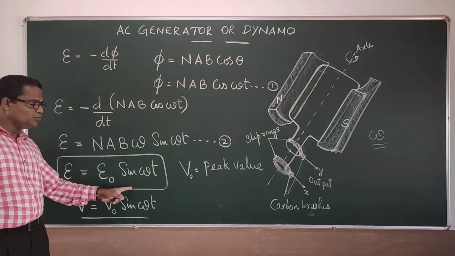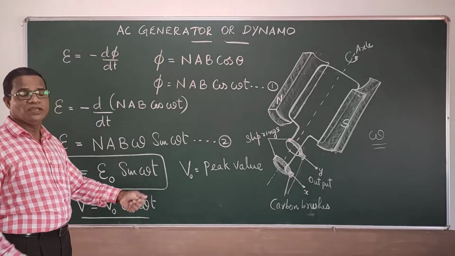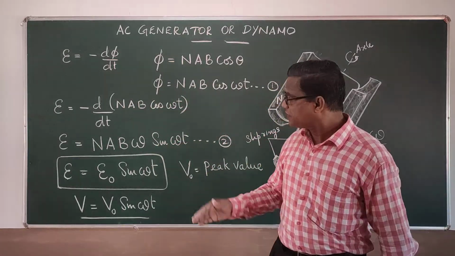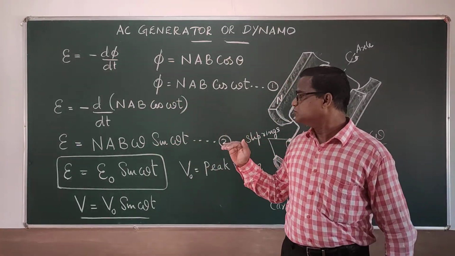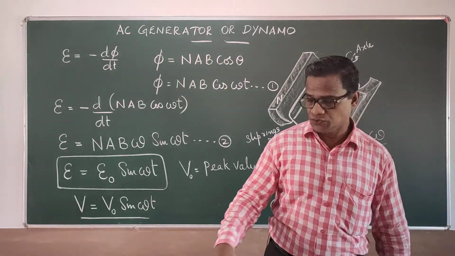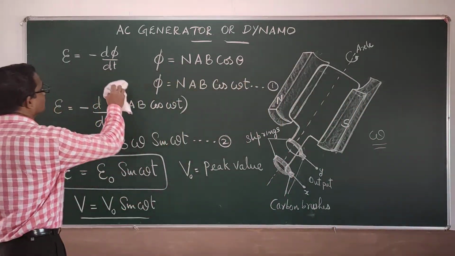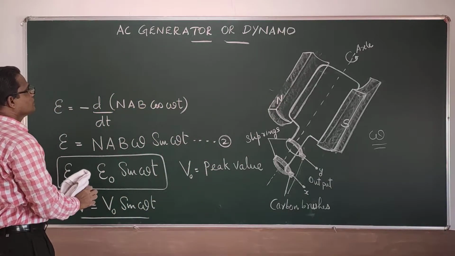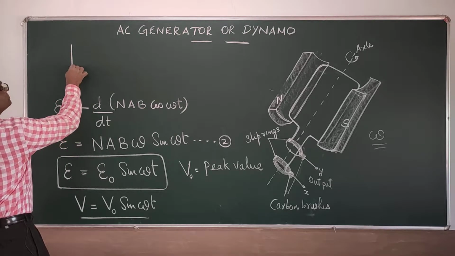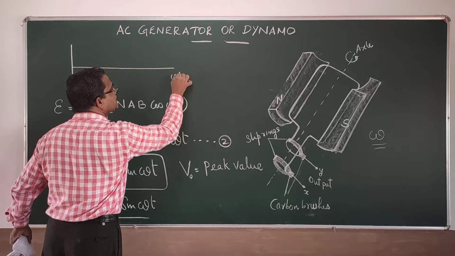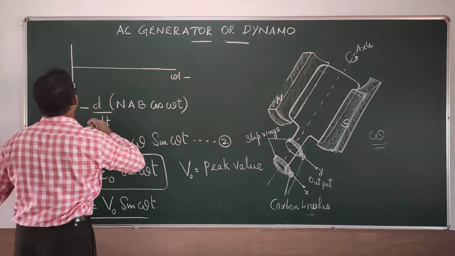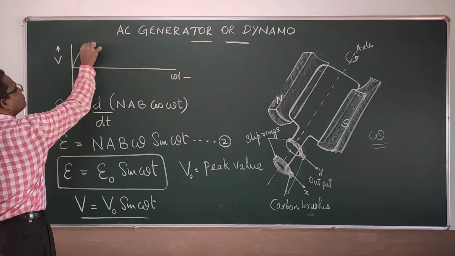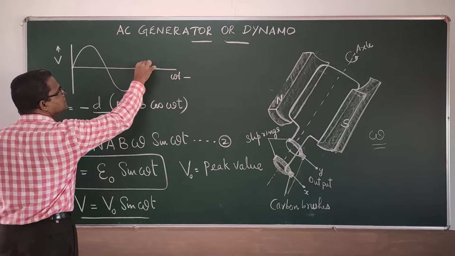Now you can see the output is varying just like a sine wave. If you represent that output in graphical form, you see this graph. It shows omega t on one axis and V on the other, and the graph varies like this.